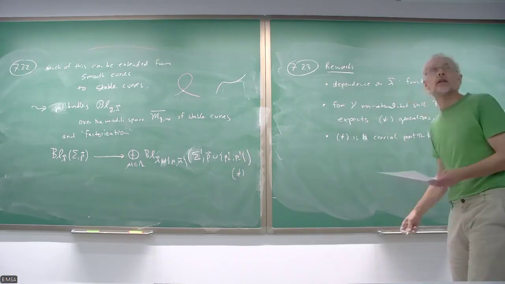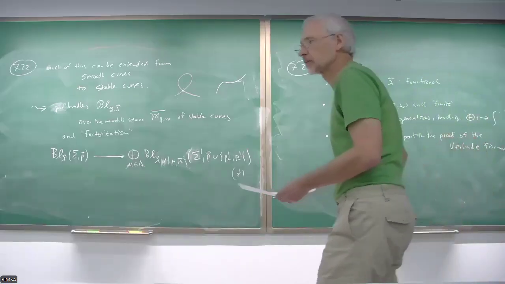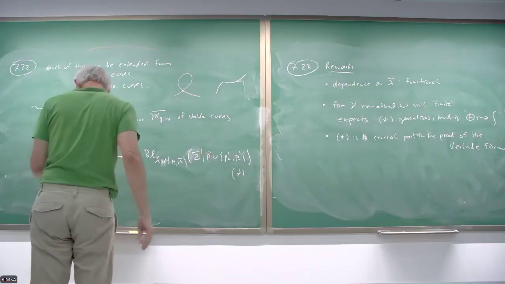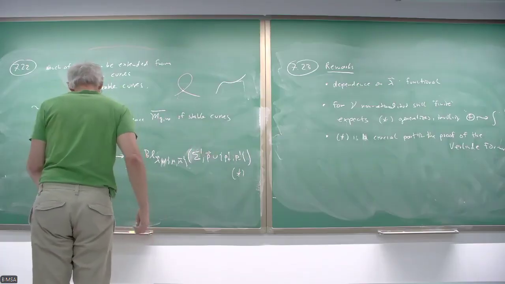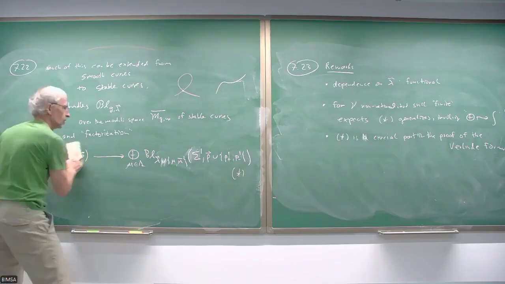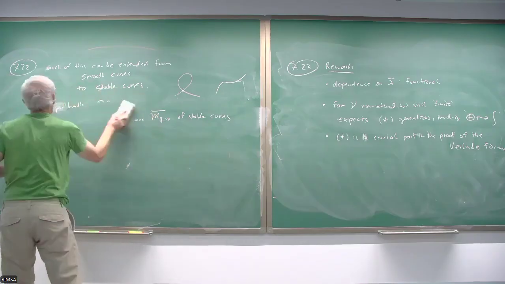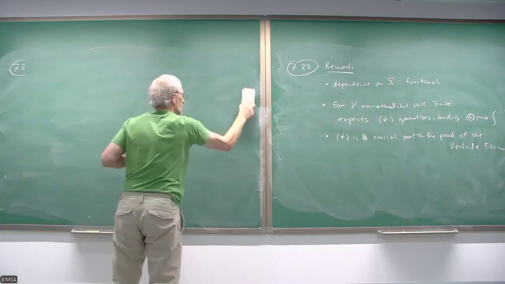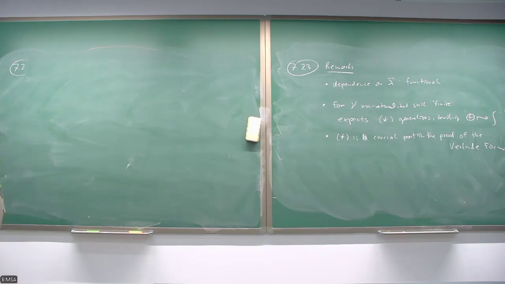And I can now give you the full Verlinde formula if I have time, otherwise I do it next time. So I leave some space here, because I want to mention also one other aspect, which is again important when I come to full conformal field theory.